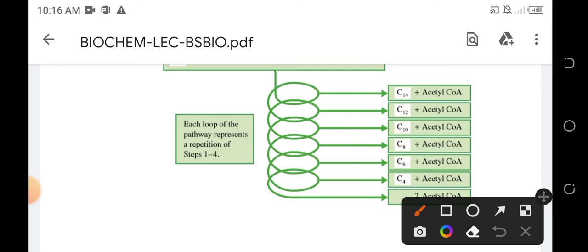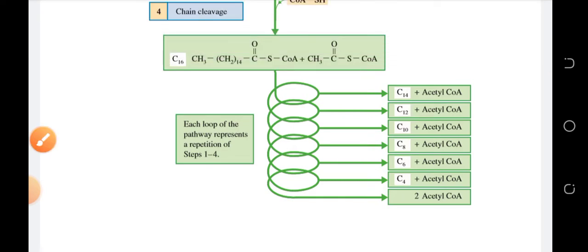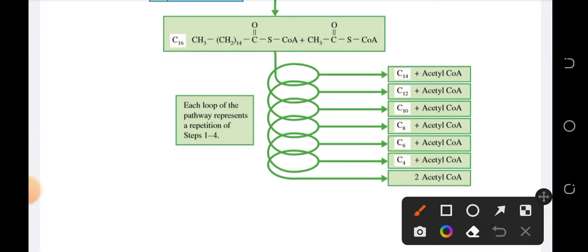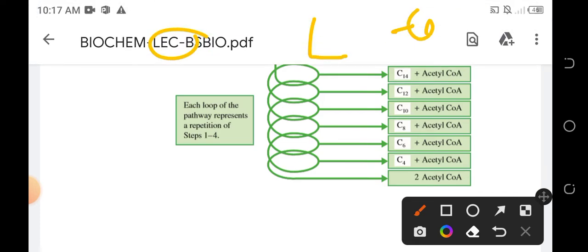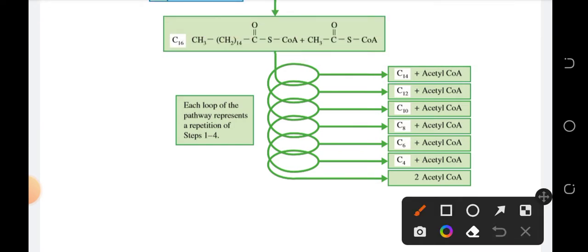Okay, so from C18, ito yung first run: C16 plus 2. The second run will then become, from C16, C14.